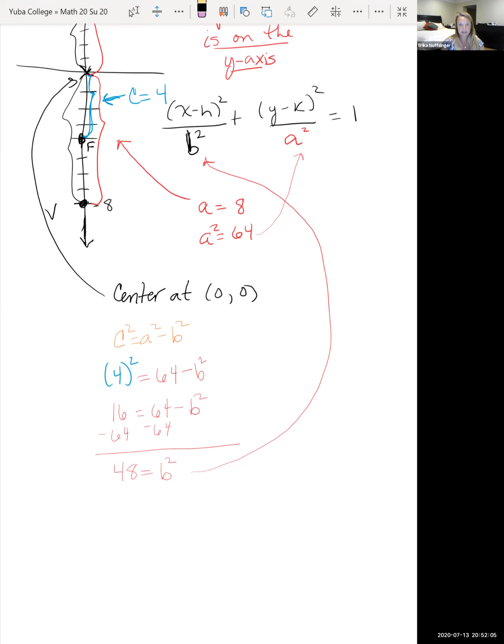So H is 0, so we have X quantity squared all over B squared, which is 48, plus my Y K value is 0, so Y minus 0 quantity squared, so Y squared all over A squared, which was 64, equals 1.